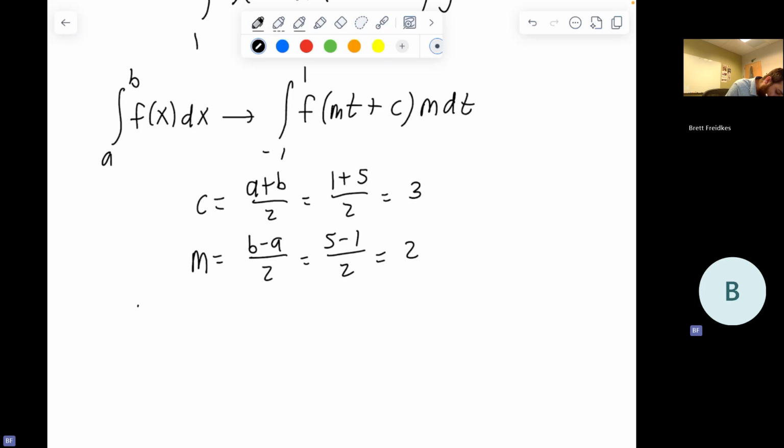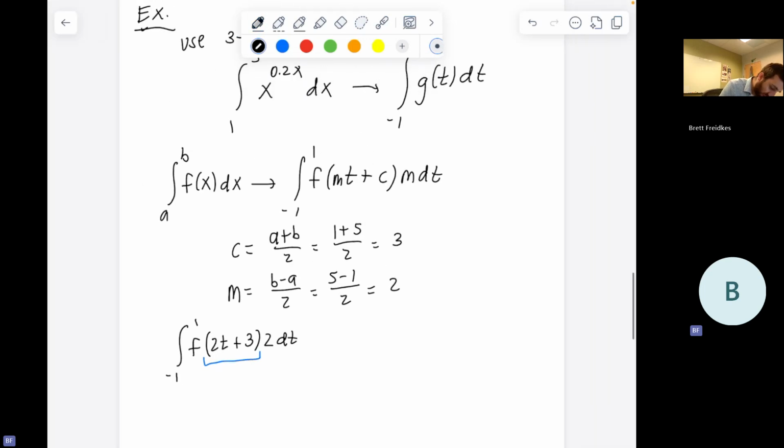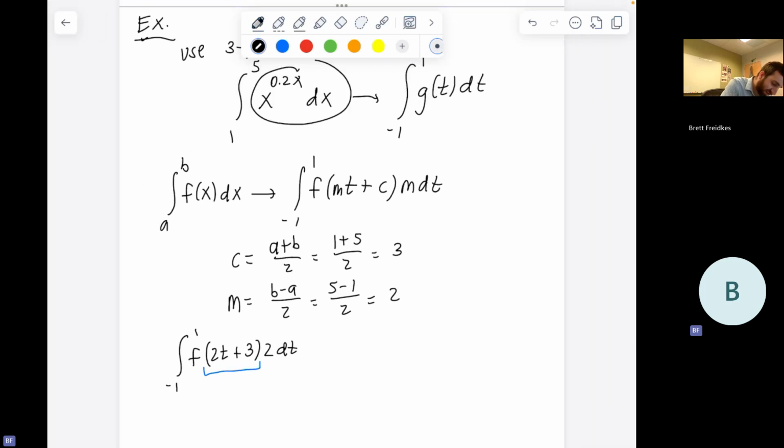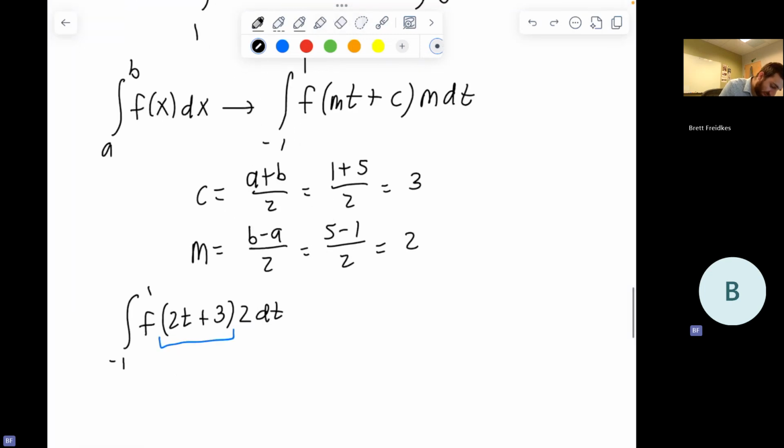So that means now that I'm going to have an integral from -1 to 1 that is f of 2t plus 3 times m dt. This notation here says to plug 2t plus 3 into our original function. So the original function was this x to the 0.2 times x. This is going to be -1 to 1. Instead of x, we're going to do 2t plus 3.